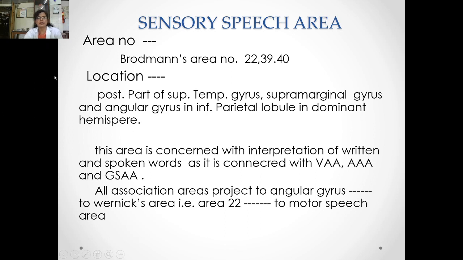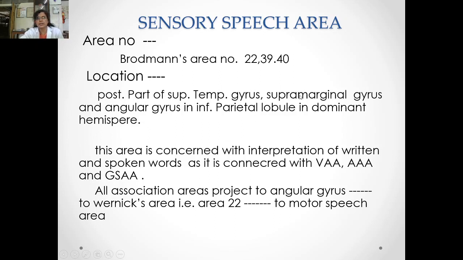The next area is the sensory speech area, Brodmann's area numbers 22, 39 and 40. Location: it is present in the posterior part of the superior temporal gyrus, that is area number 22.